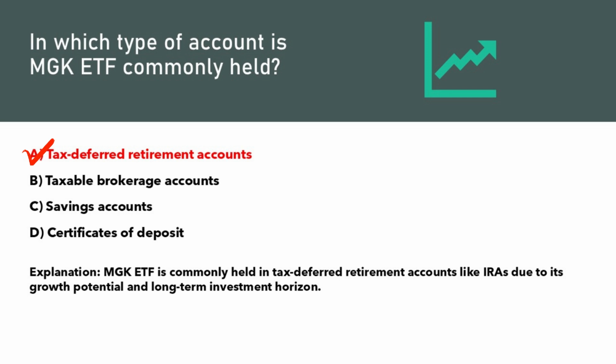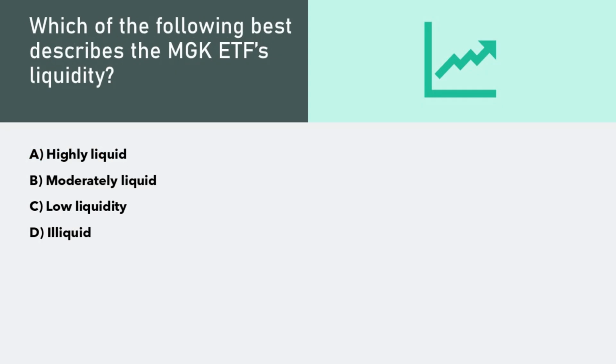Answer: A. Tax-deferred retirement accounts. Explanation: MGK ETF is commonly held in tax-deferred retirement accounts like IRAs due to its growth potential and long-term investment horizon. Which of the following best describes the MGK ETF's liquidity?